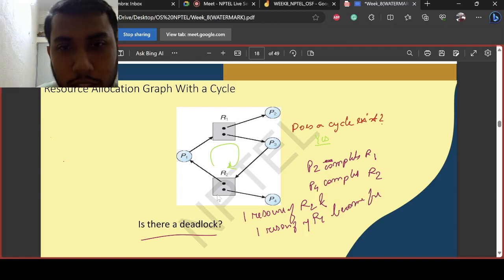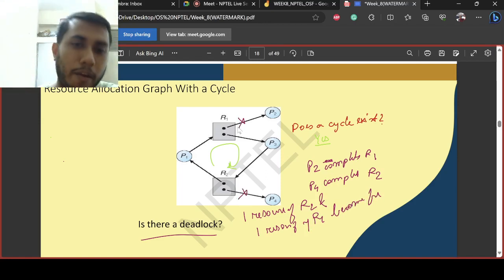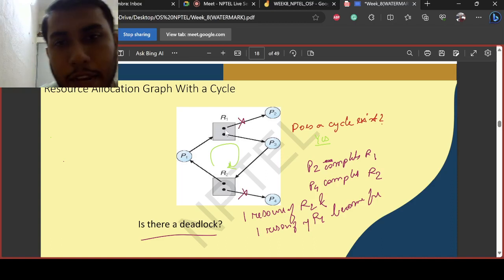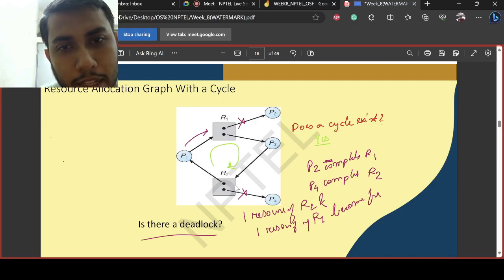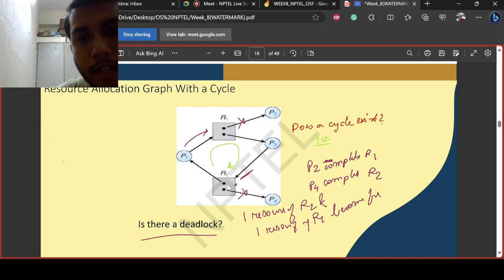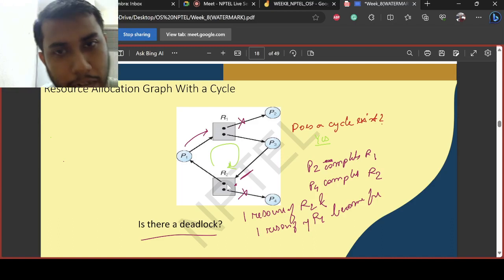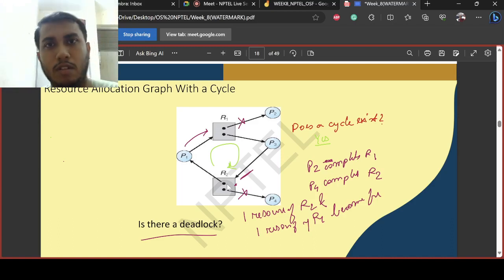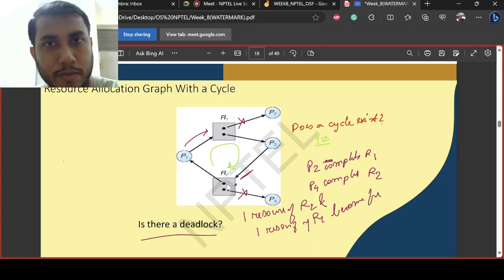So this resource and this resource become available. At that time, P1 can get this free R1, and P3 can get this free R2. As a result, both P3 and P1 will get both R1 and R2, and they will be able to complete their processes.